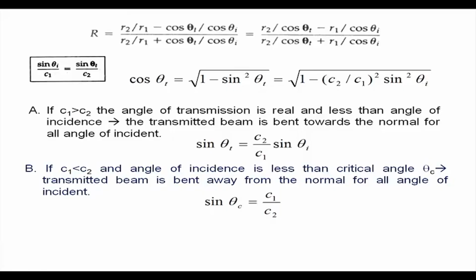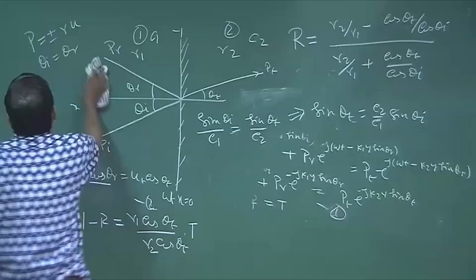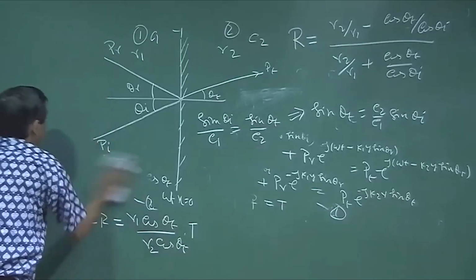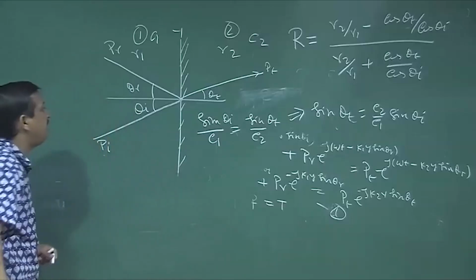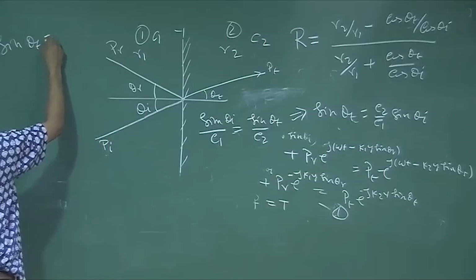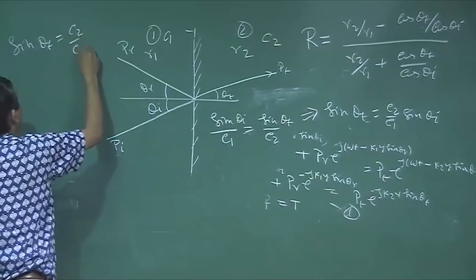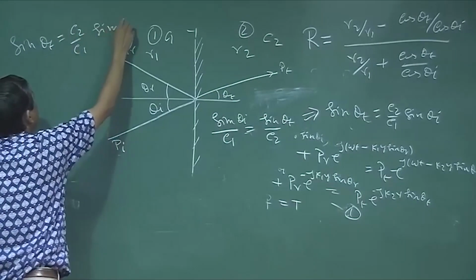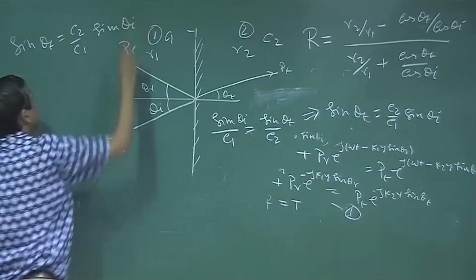Okay. So, now sin theta t, the angle of transmission, is C2 by C1 into sin theta I.